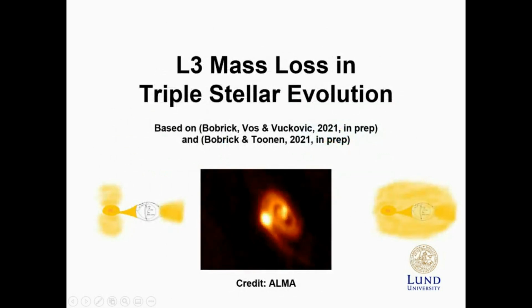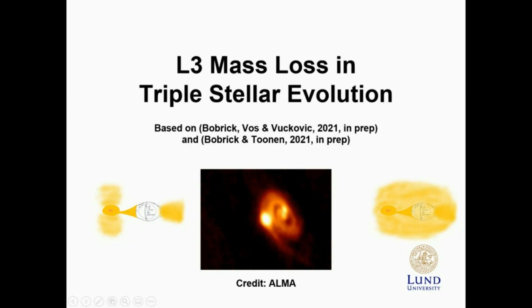And this brings me to the last story, demonstrating yet another very different sort of evolution in astronomy. This is the story about the so-called L3 mass loss and its effect on triple stellar evolution. That's the project we've been working on together with Joris Vos and Maja Vukovic, and also with Silvia Toonen in the triple context.